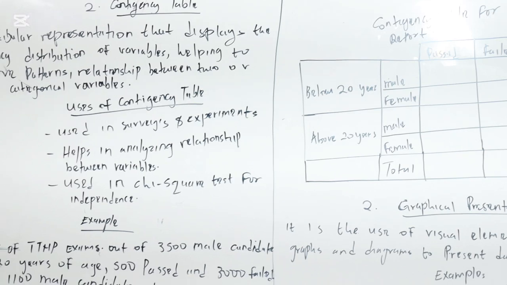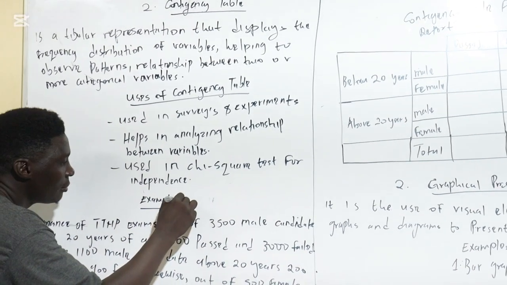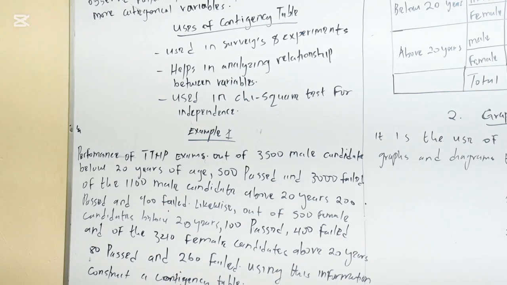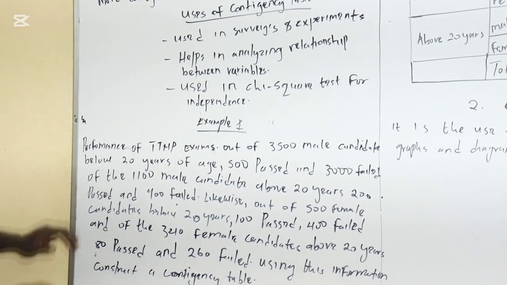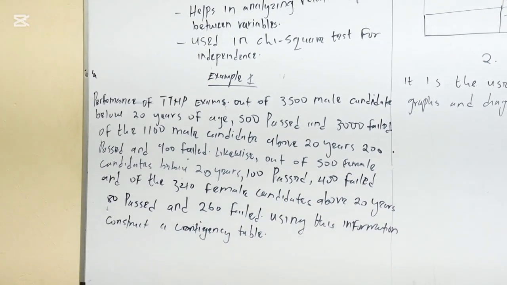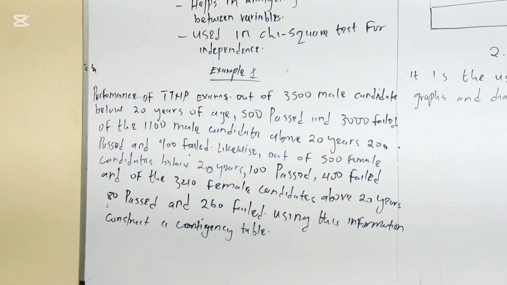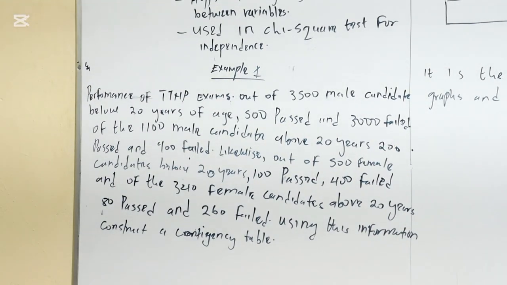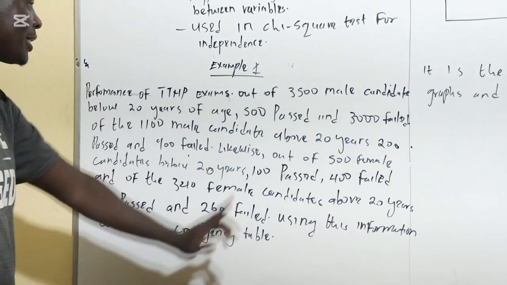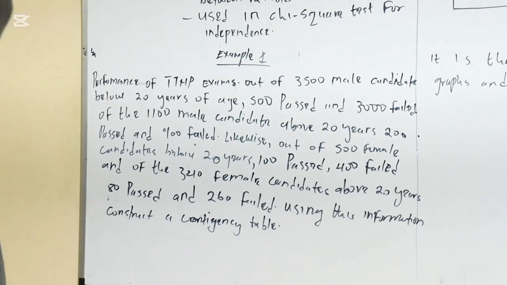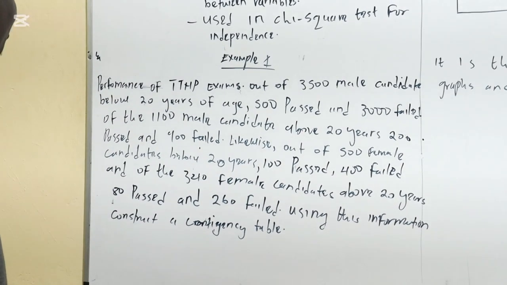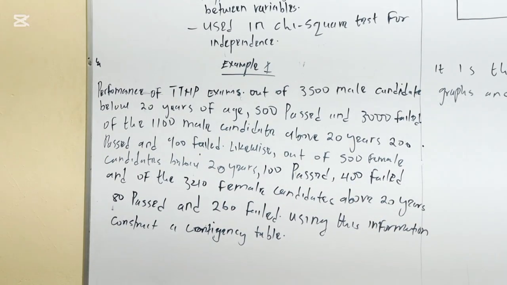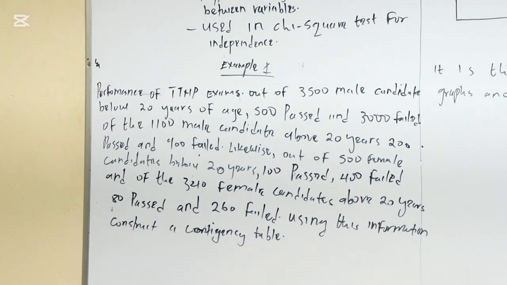Now this is the example, and I'll read the example. Example 1, from the example, we are going to come up with a contingency table. Performance of TTNP exams report. Out of 3,000 male candidates below 20 years of age, 500 candidates passed and 300 failed. Of the 1,100 male candidates above 20 years of age, 200 passed and 900 failed.